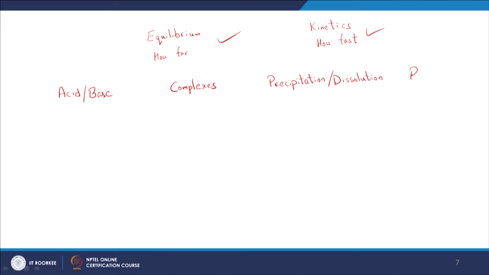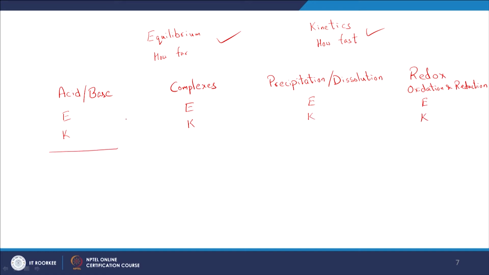And more importantly, we will look at redox processes, or the oxidation and reduction process, right? So these are what we are going to look at. In each of these cases we are going to look at the effects of equilibrium and kinetics, right?